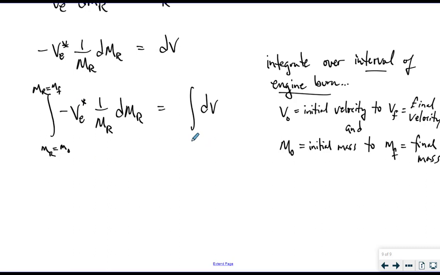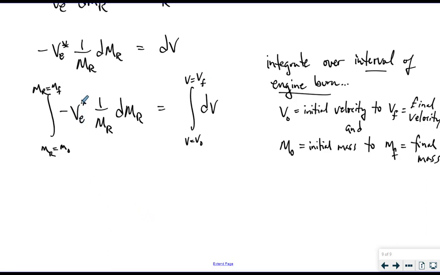And here I'm integrating over the interval of the engine burn with respect to velocity, from some velocity equal to some initial velocity, when the velocity at the end of the interval is equal to some final velocity.